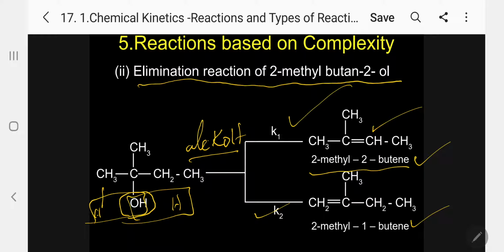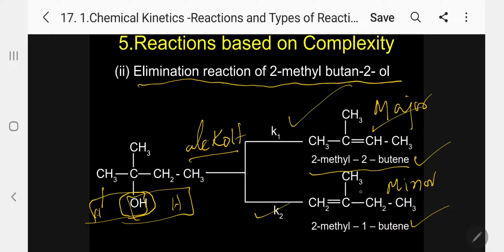It is proved experimentally that this is major and this is minor, because of Saytzeff rule. We have already discussed. Kindly follow. In this case, there are two substituents on the double bond carbon atoms.